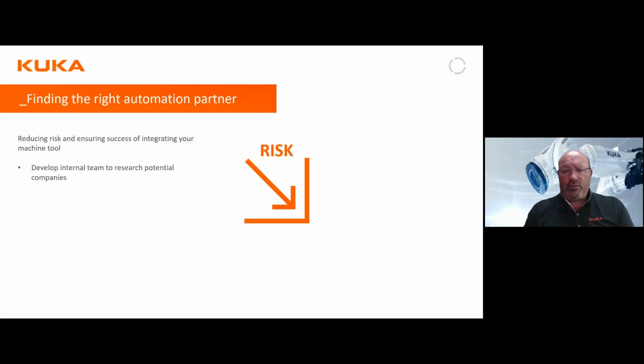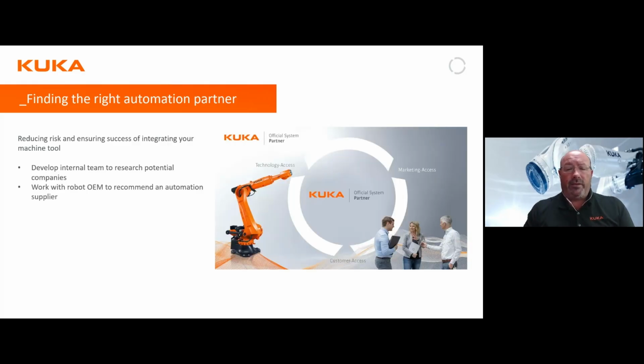Consider your potential automation supplier's technical bench strength, their expertise, experience in working on similar projects, where they're located geographically, and their ability to support your project remotely if they're a few hours away. Do they have the ability to remotely support you? And does your organization allow for remote support into your equipment?